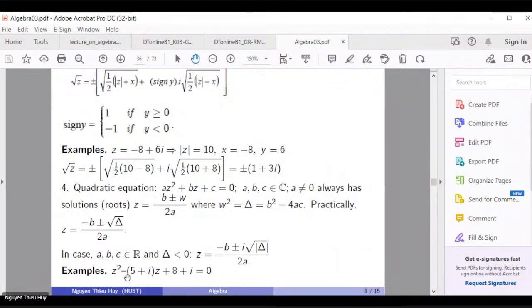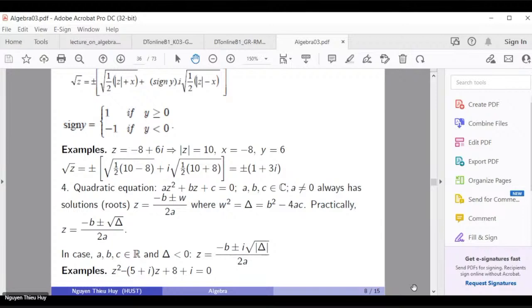Let's see an example here: z square minus (5 plus i) z plus 8 plus i equals 0. Let me show this using the practical formula for the square root. So let me return to the blackboard, and of course I write the equation first.